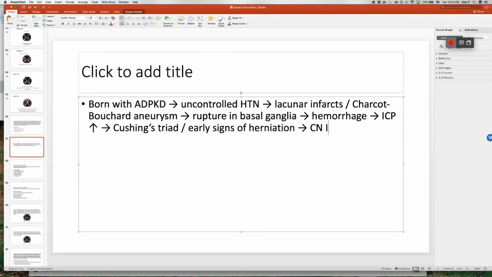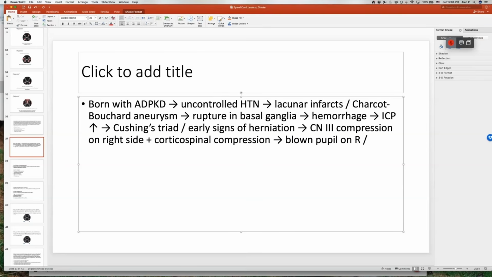So you're going to get cranial nerve three compression on the right side. Plus, you can get corticospinal compression, which is going to lead to blown pupil on the right, as well as upper motor neuron findings on the contralateral side. Does that make sense?